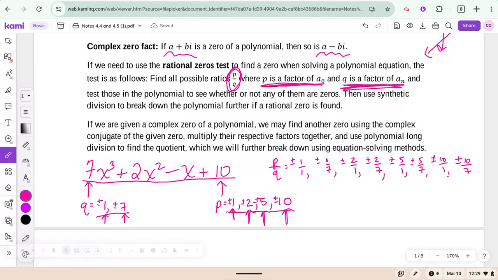Now, I want to simplify these if I can. So 1 over 1 is just 1. 1/7 I'll just keep. 2 over 1 is just 2. 2/7. 5 over 1 is just 5. 5/7. 10 and 10/7. So actually that's 1, 2, 3, 4, 5, 6, 7, 8.